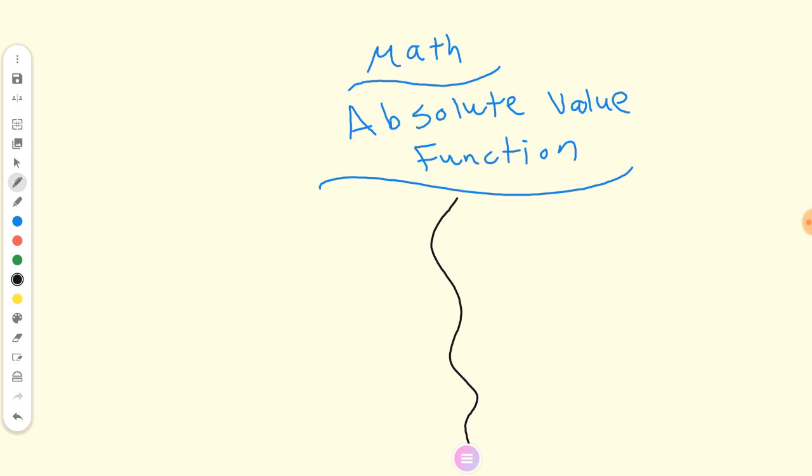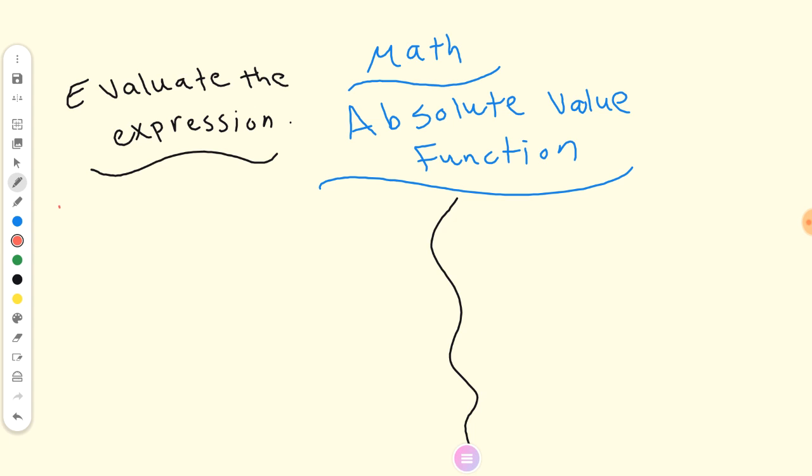Okay, evaluate the expression. Number one, absolute value of 6 minus 4.